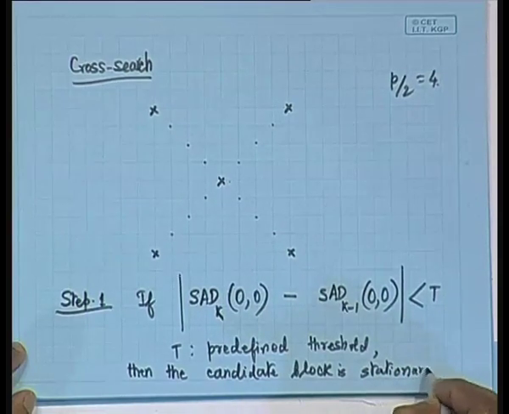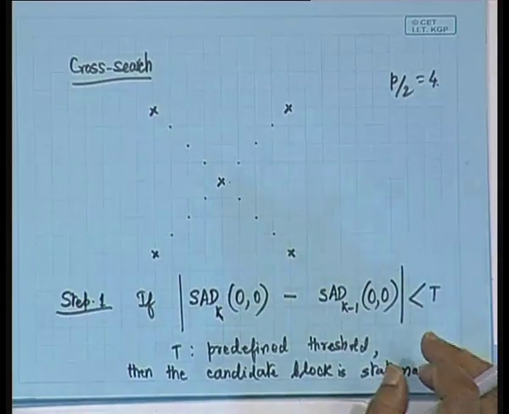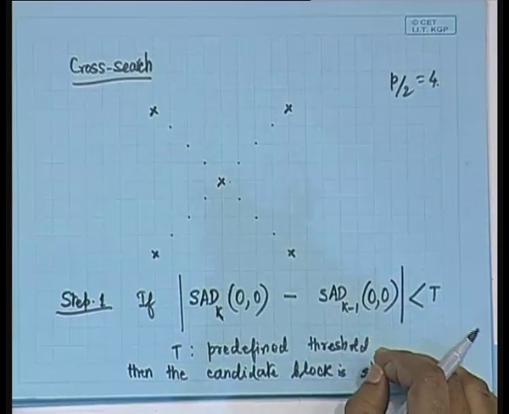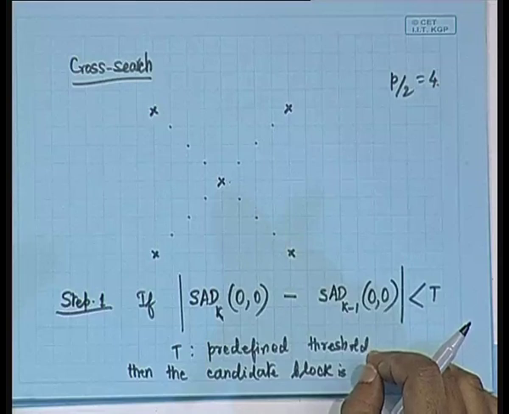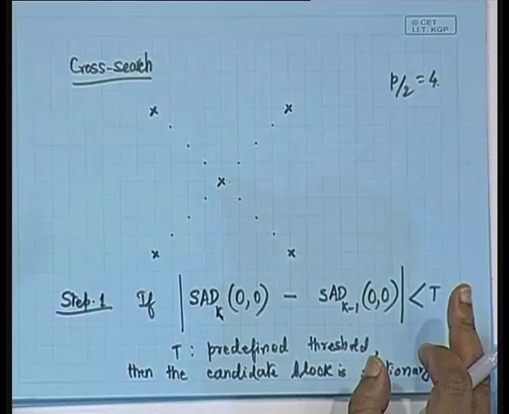If it is a stationary block, you can terminate the search at step 1 itself, you need not go further. But if it is not the case, that means it is a moving block, only then you go in for the motion estimation.